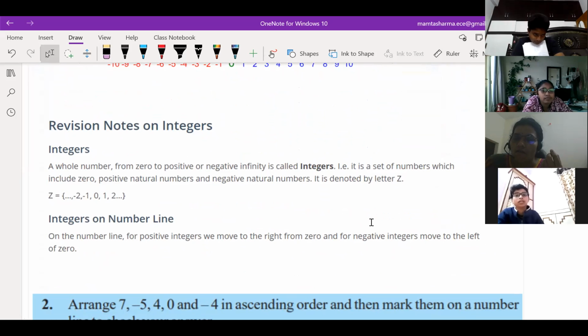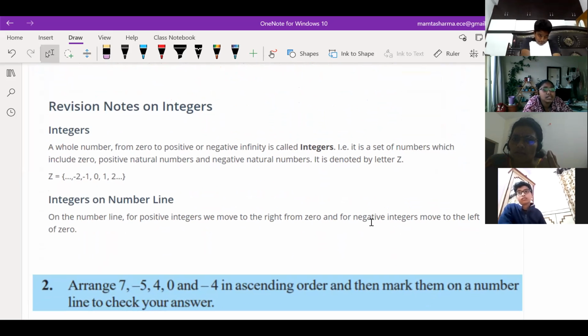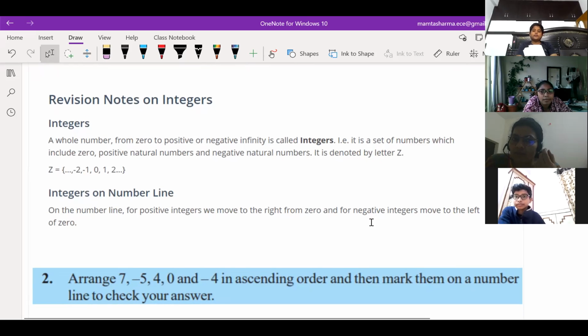Capital Z. Why is it denoted only by Z, and not X, Y, P, Q, R? What is the meaning of Z? Z means the last letter. Not because of the last letter.